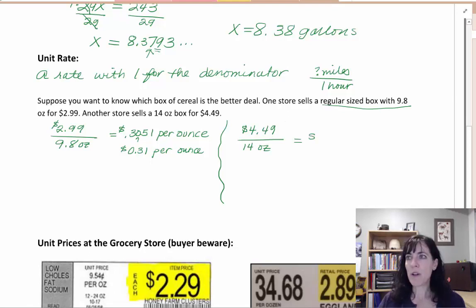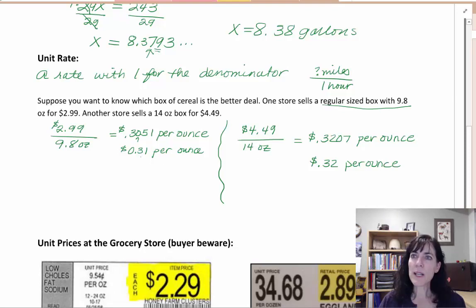So this one would be $0.3207 per ounce. And if I rounded this one to the nearest cent, then it would be 32 cents, sorry, I said that wrong, per ounce.